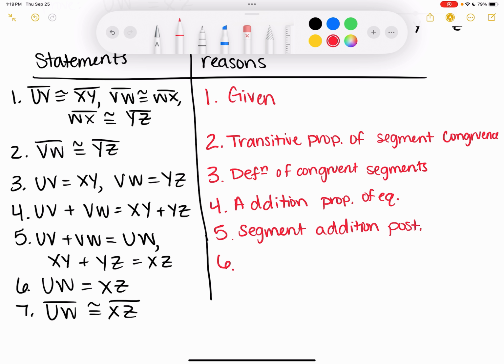What did they do? They combine like terms. Subtract. Starts with an S, but not subtract. Substitution. Yep, substitution.